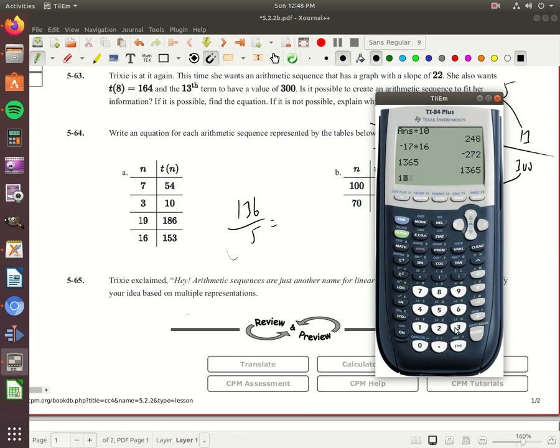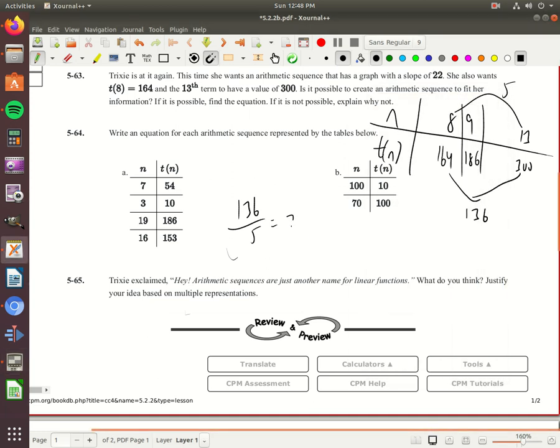Oh, jeez. And it equals 27.2. So what that tells us is that it can't possibly have a slope of 22 and hit on these numbers, right? If I keep adding by 22, I'm going to get 208, then 230.